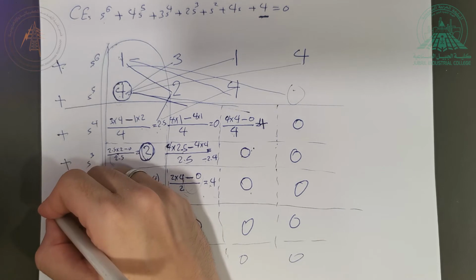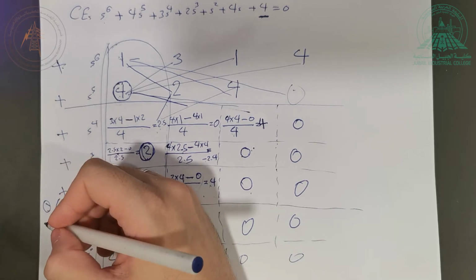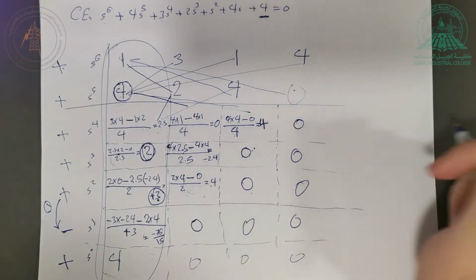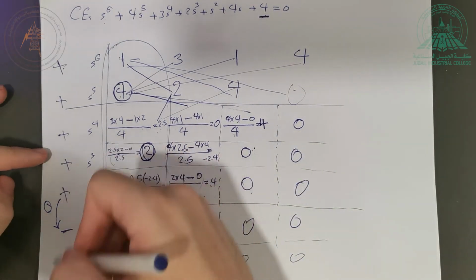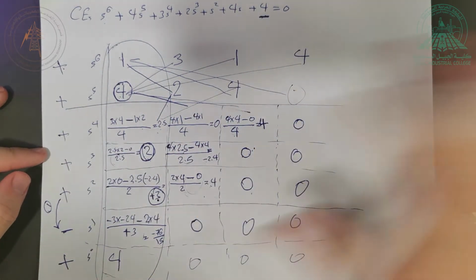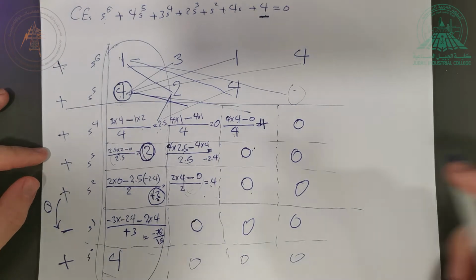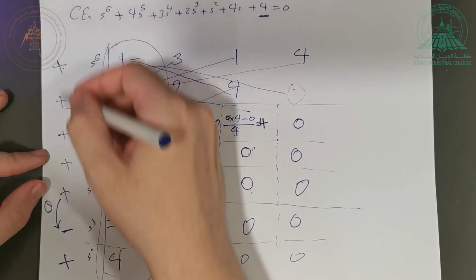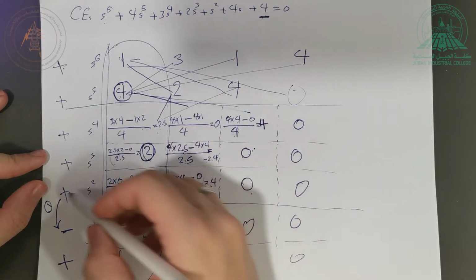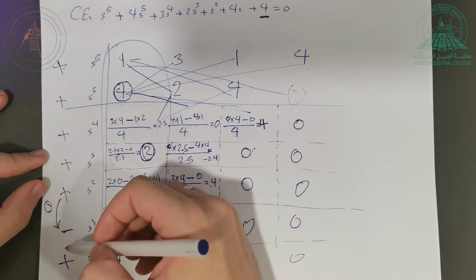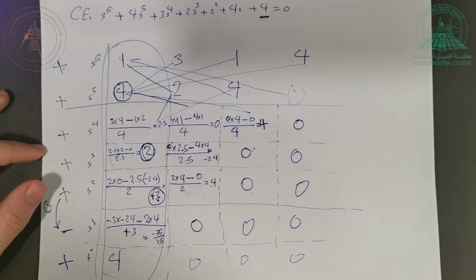So this means I have the first pole. It means now I have a pole on the right hand plane. Automatically, if I have this, the system is unstable. I know it's unstable. If I have a change in the sign in this column, positive to negative or negative to positive, then the system is unstable.